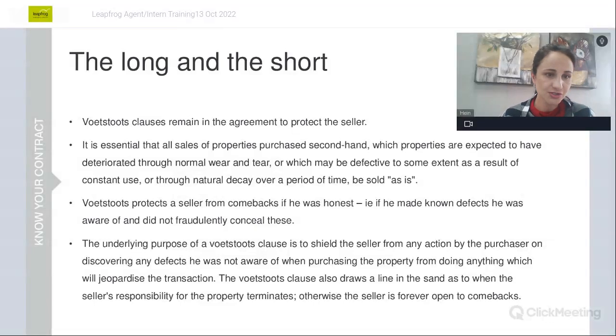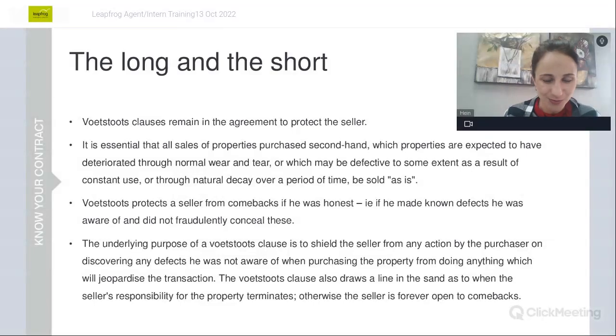So, moving along to what the Voetstoots clause entails. The general idea is that no house is perfect. There is no property on the market, doesn't matter how expensive it is, whether it's brand new, it really doesn't matter. No house is 101% perfect.